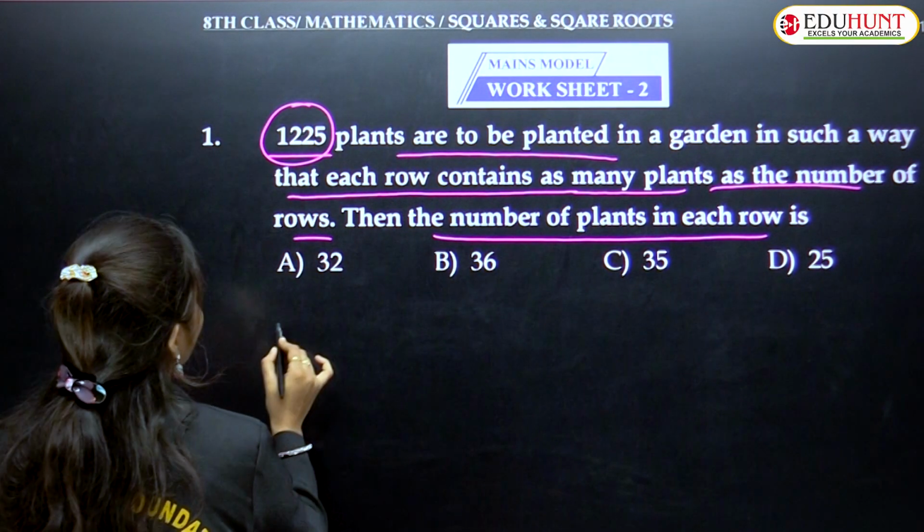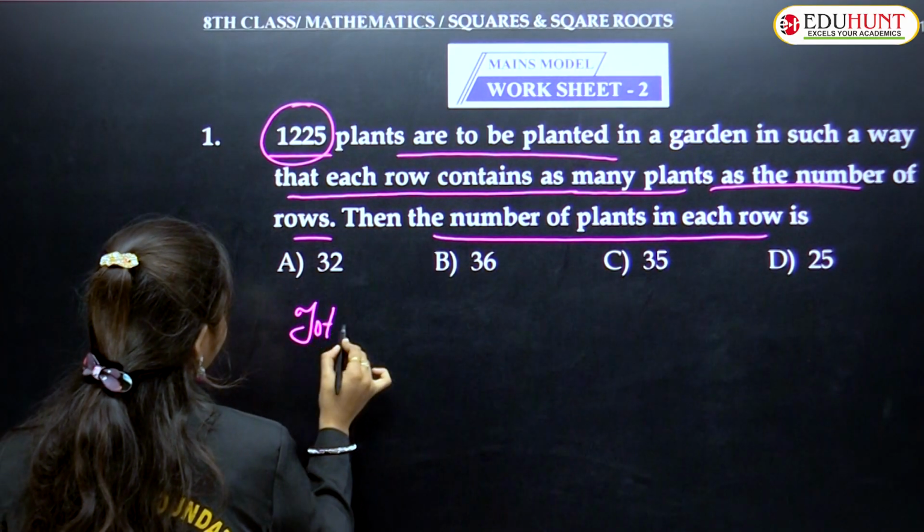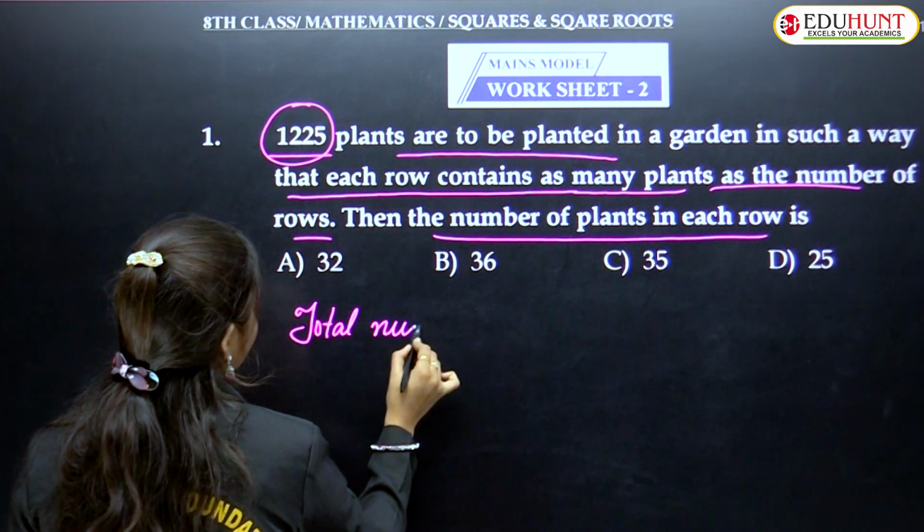First, the total number of plants. What is given here?